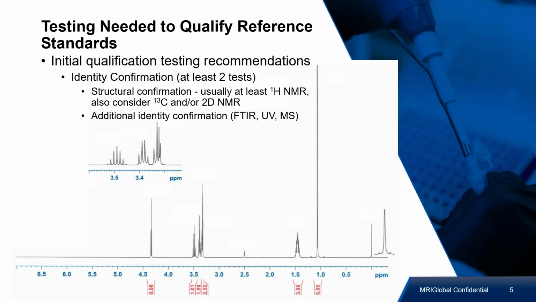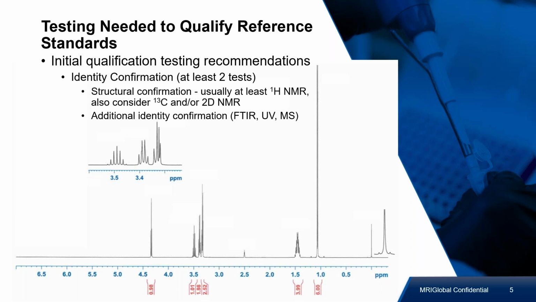Going forward, though, each time you qualify a new lot of reference standard for that drug, it wouldn't necessarily be required to go through every single test again. You just need to do enough tests to confirm the identity beyond a shadow of a doubt and to be confident in the quality and purity of the material.